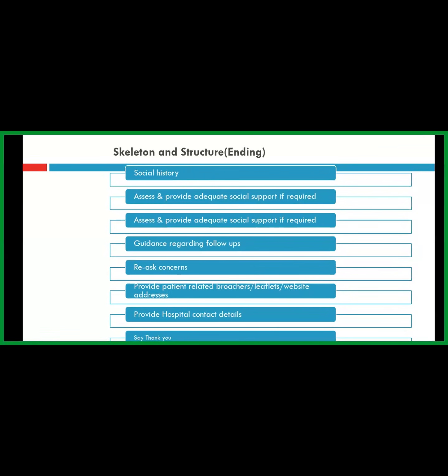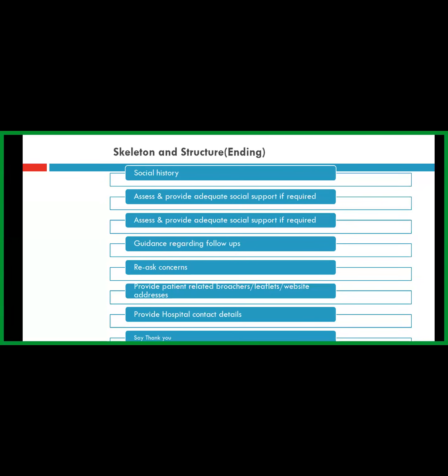Now we are touching the third part of our counseling, that is the ending. Again, the ending is almost the same for all the scenarios. Social history is sometimes necessary, sometimes not. Usually when you are doing counseling for a chronic condition, you must know whether your patient is smoking, is alcoholic, and how the social support and financial support are. So you require at least these four questions.